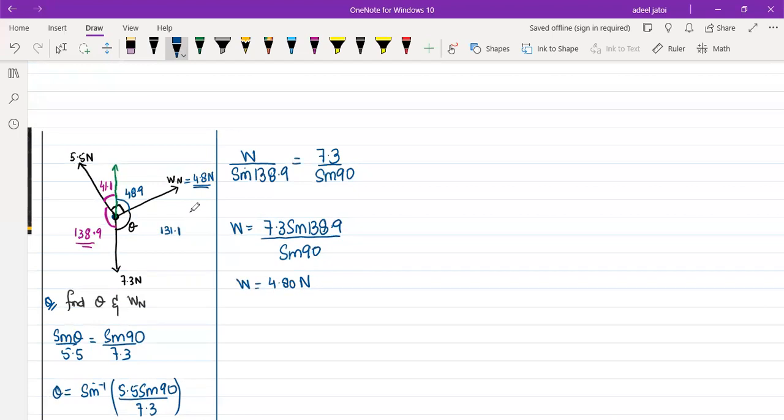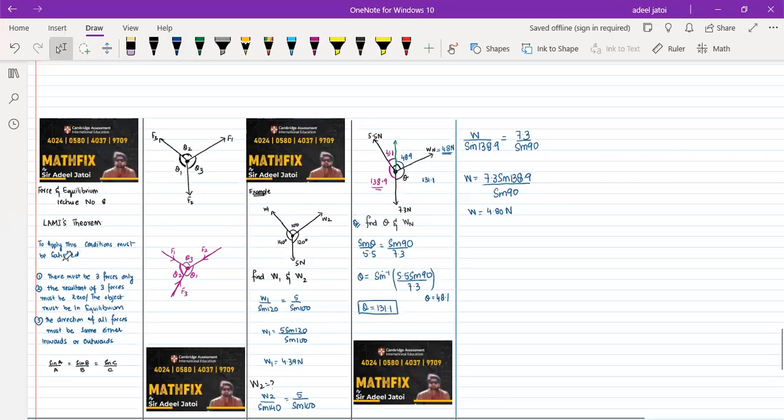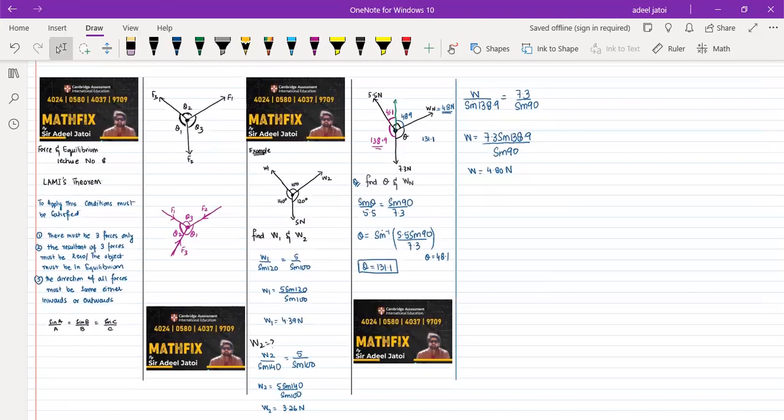One value was theta, which was 131.1, knowing that we normally find the acute angle and then subtract it from 180. We add 90 and 131.1 and subtract from 360 to get 138.9, which is opposite to W. So with 7.3 against 90, and W against 138.9, we find 4.8. So this was your Lami's theorem for forces and equilibrium.